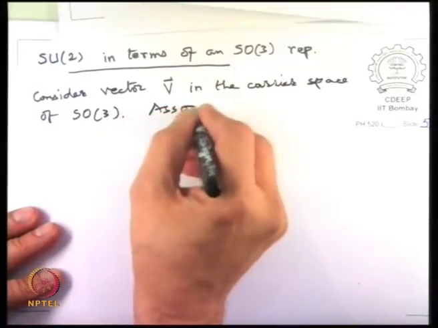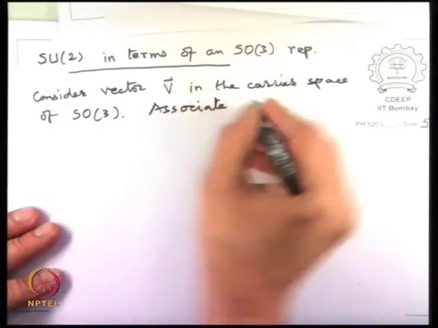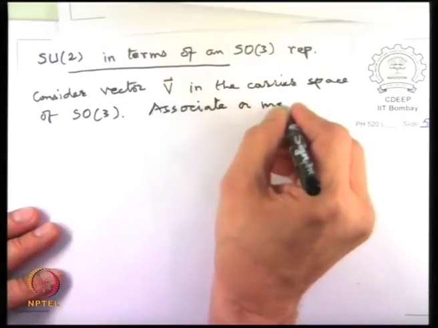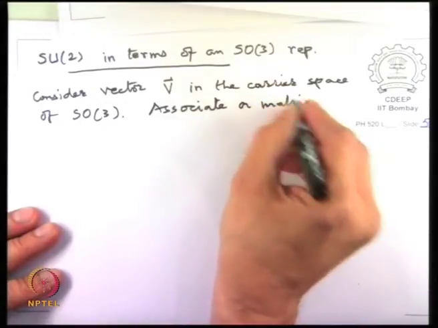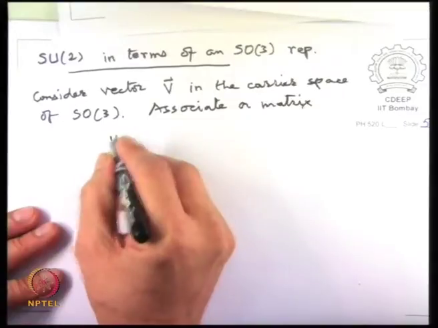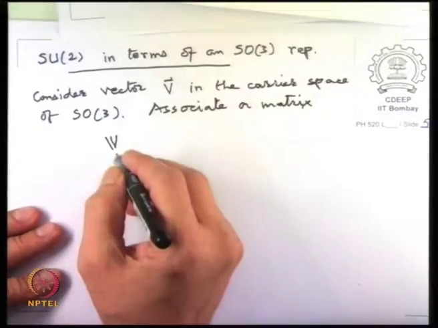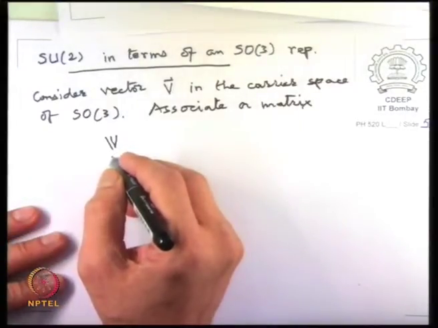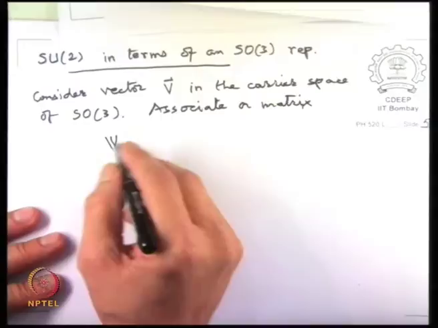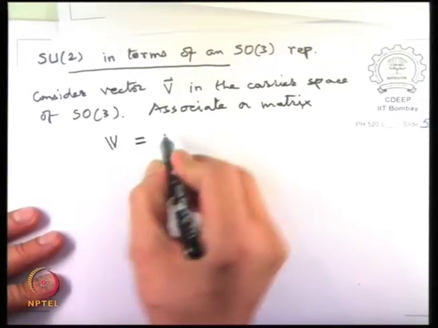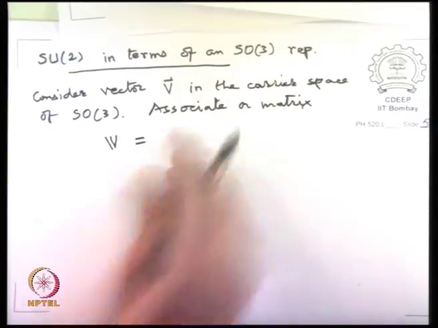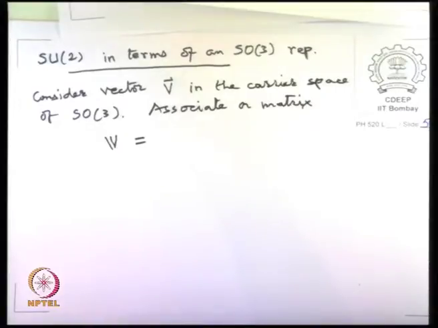Associate a matrix, and now I put this... what is this called? It's called blackboard font in TeX. So you double this line. So V equal to V dot tau, where tau are the sigma matrices, the Pauli matrices.